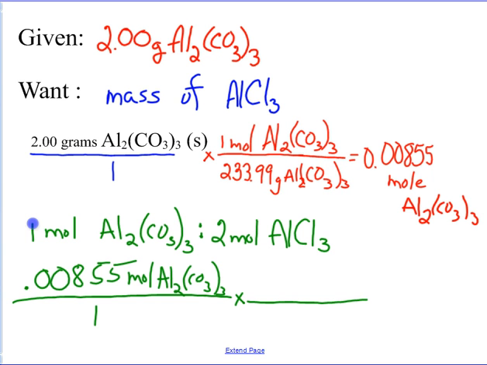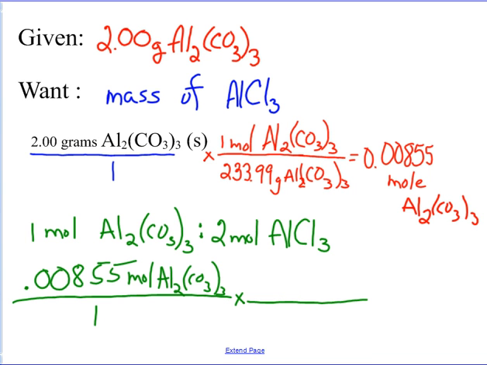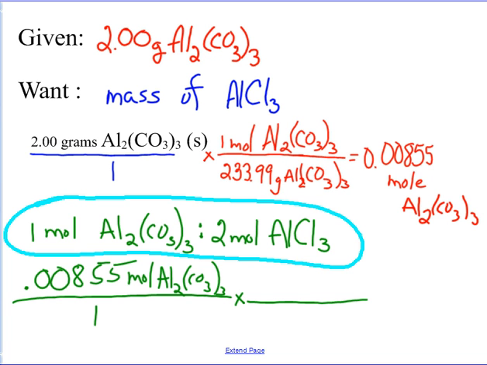The ratio in the balanced equation: 1 mole of aluminum carbonate goes in my denominator here, to cancel, for every 2 moles of aluminum chloride.